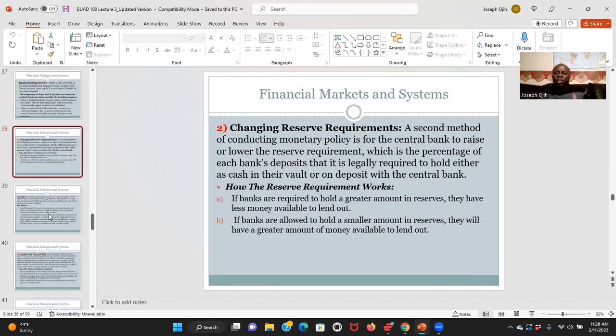All this is just to regulate the level of economic activities. When the bank reduces the amount of the reserve requirement, banks can lend more. And that means people can borrow money and do projects, and that can cause the economy to heat up, which can lead to inflation.